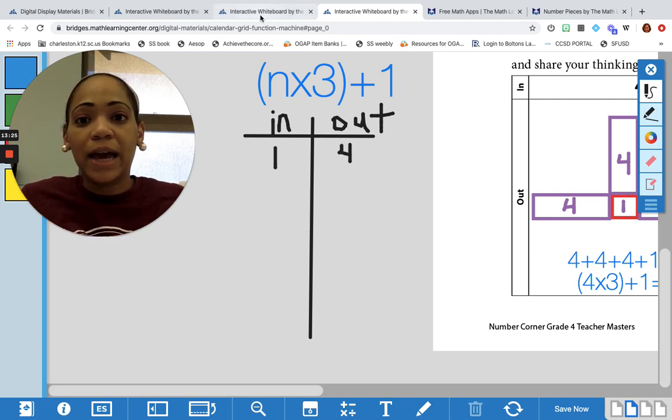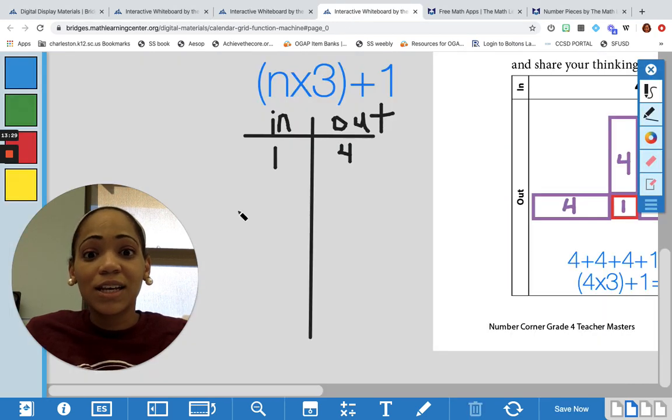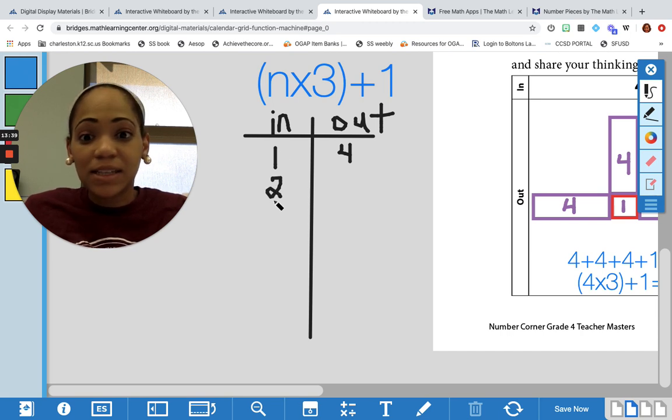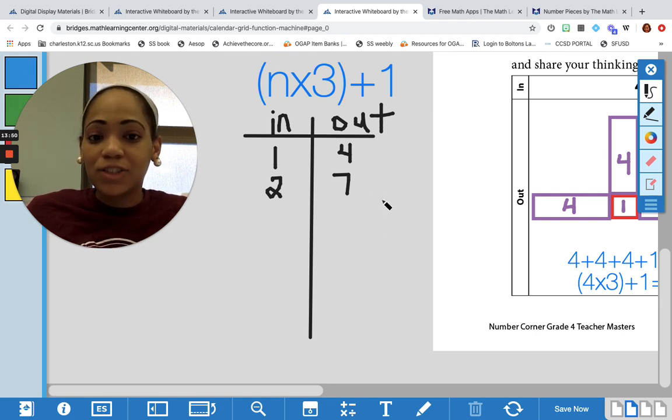Is that what we had on our very first calendar marker? It is. Let's try another one. I could go down the line here. 2. So that means I substitute 2 for in times 3, which is 6, plus 1, should give us 7. Look, it follows, we're adding 3 each time.